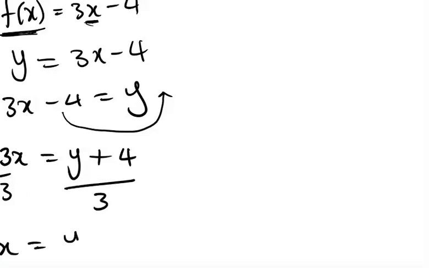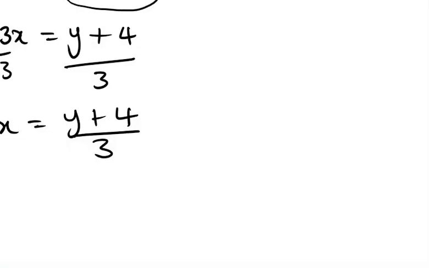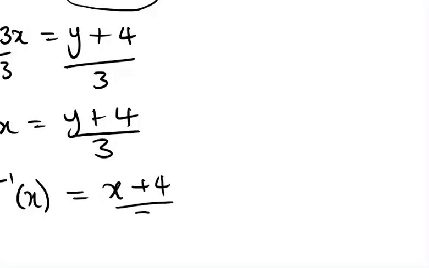So x equals y plus 4 over 3. When you make x subject of the formula, meaning you are done, you found the inverse. Then here we didn't have y, so we put x back: x plus 4 over 3.